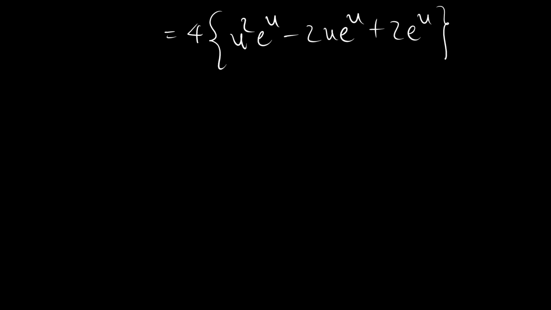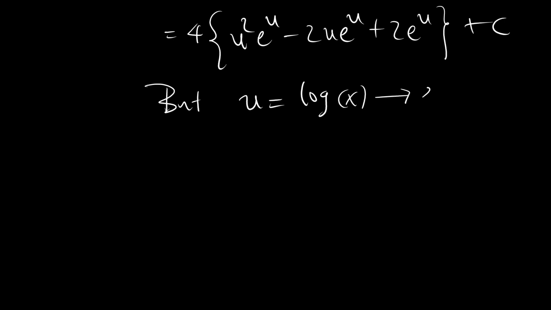So we have our problem, which is a solution which has gotten us to this C, but we said u is equal to log of x, and therefore e to the u is equal to x.